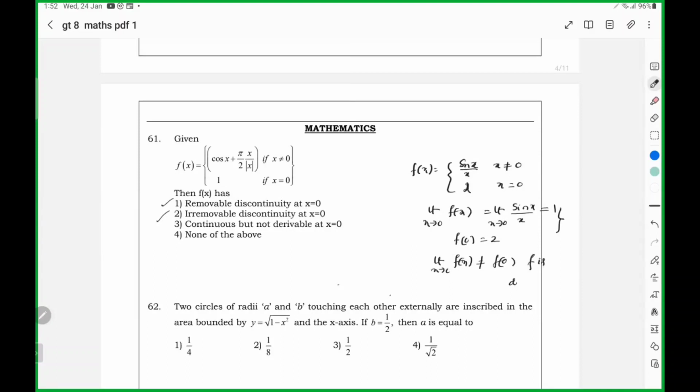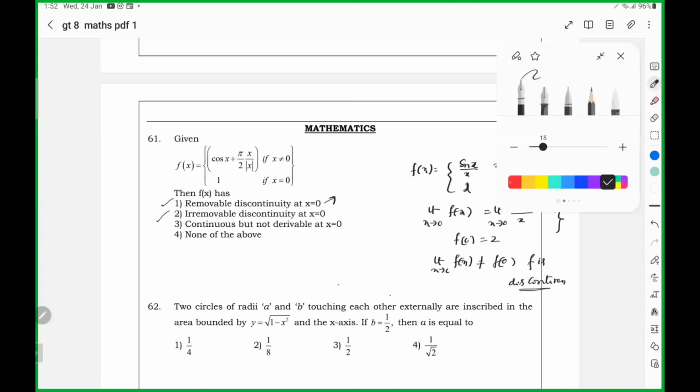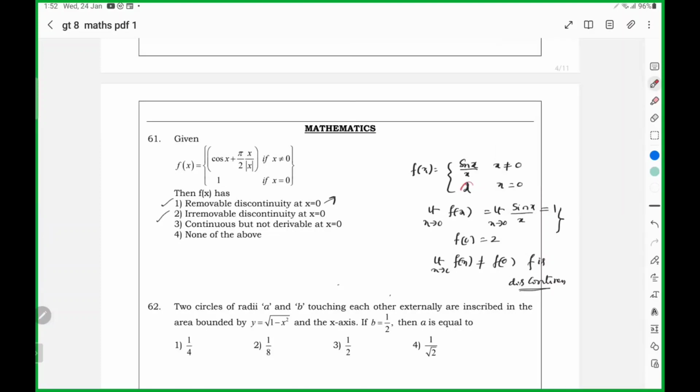F is discontinuous. What kind of discontinuity? Removable discontinuity. How can we remove it? By redefining this functional value as 1, then we can make the function continuous.